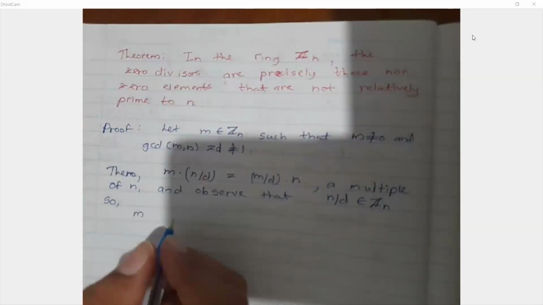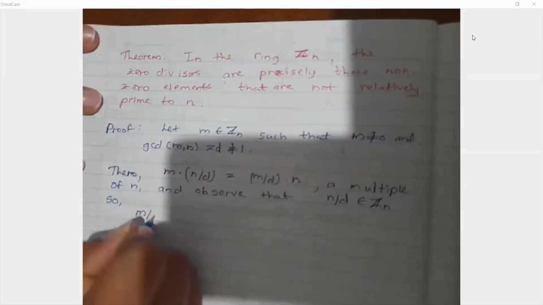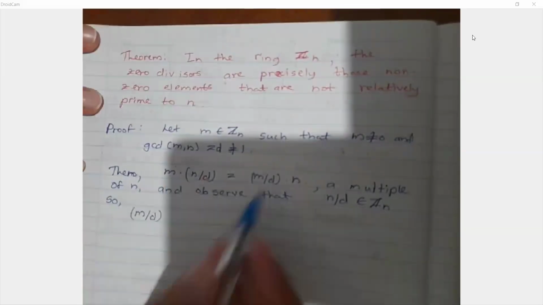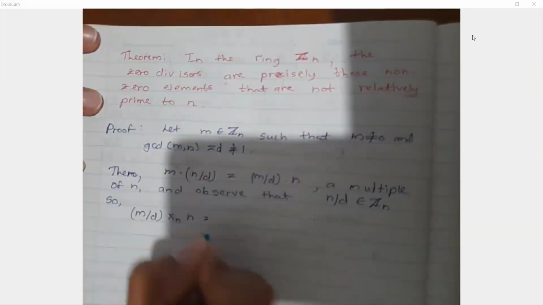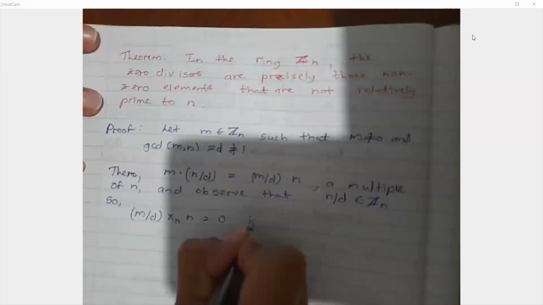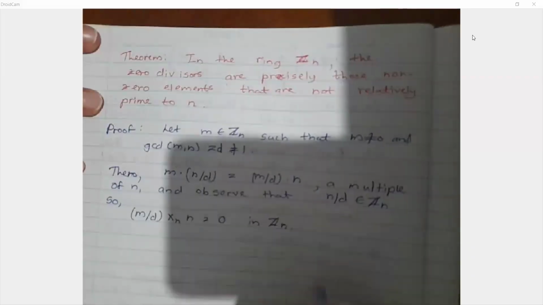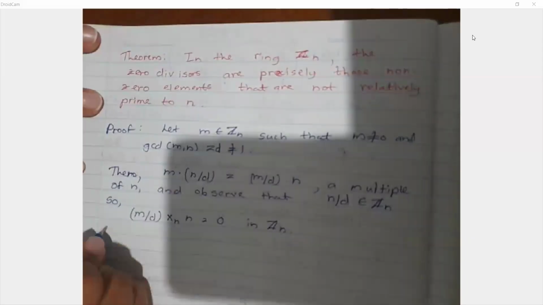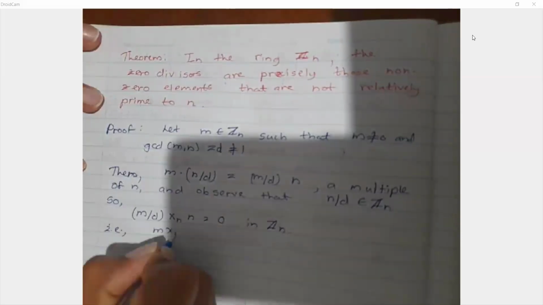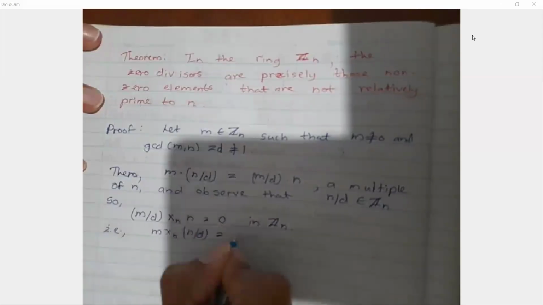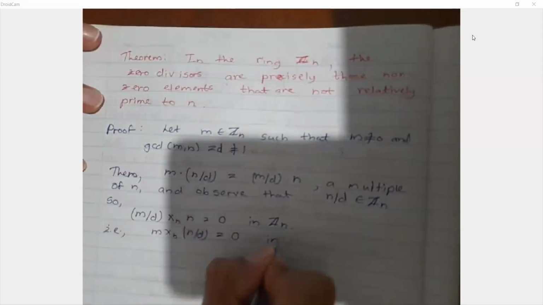So we have m times n over d, with multiplication modulo n, is simply 0 in Zn.